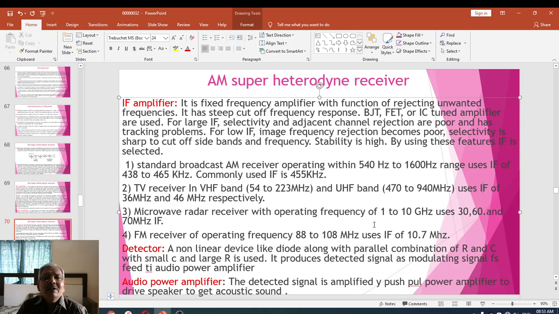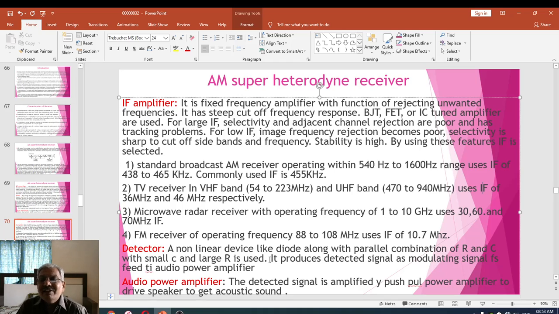Now the output of the IF amplifier is given to the AM detector or demodulator. A non-linear device like a diode along with a parallel combination of resistance and capacitor, with a small capacitor and large resistance, is used. It is known as the envelope detector.